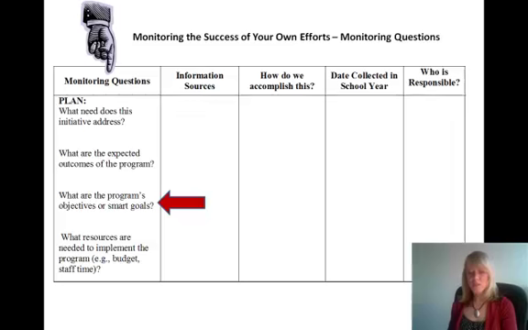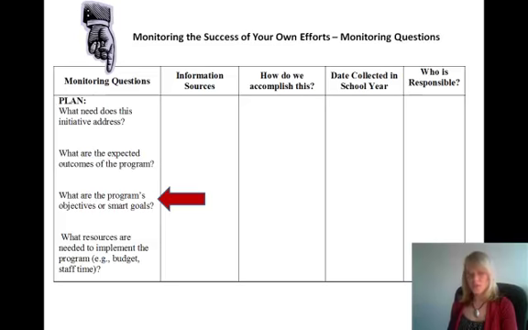Next, we'll want to consider what the program's objectives are in terms of short-term and intermediate goals. Make sure that you've written your short-term, intermediate, and long-term goals as SMART goals. SMART goals will be reviewed frequently to ensure that you are staying on course.